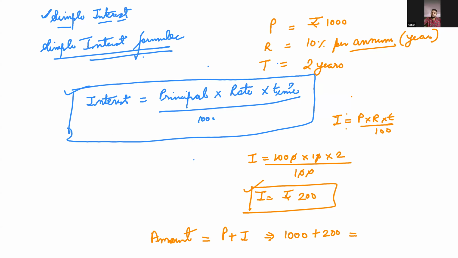So it means he will give me 1,200 rupees back. Understood? This means Jahoan took 1,000 rupees from me, he got an interest of 200 rupees, and then he will give me 1,200 rupees back. This is called interest.